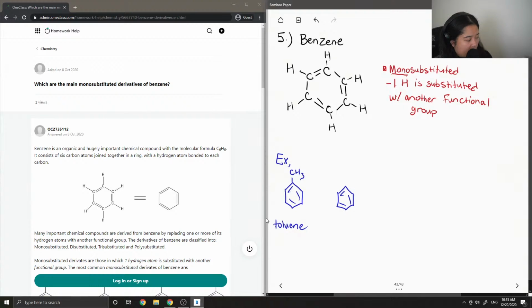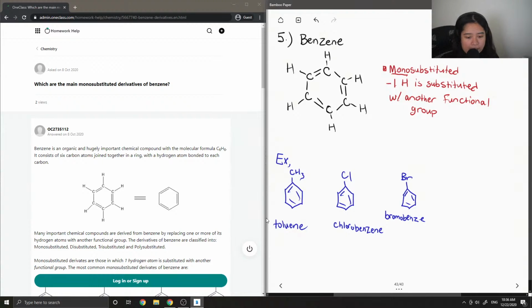If the benzene ring had like a chlorine group, this is chlorobenzene. And similarly, if the benzene had a bromine group, this is just called bromobenzene.